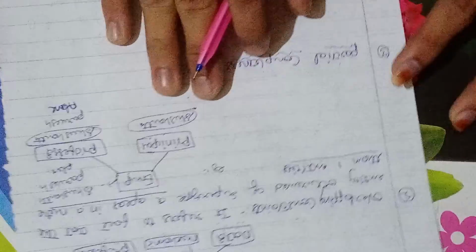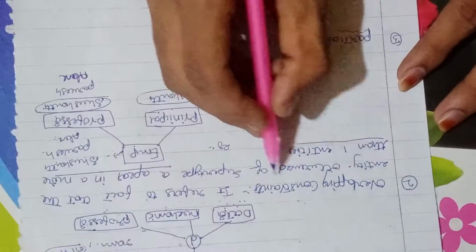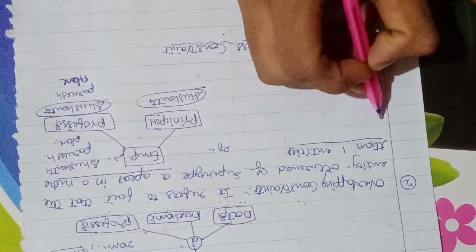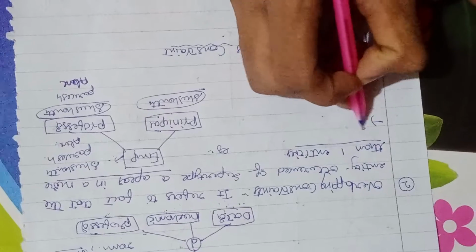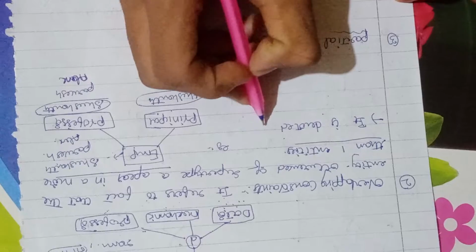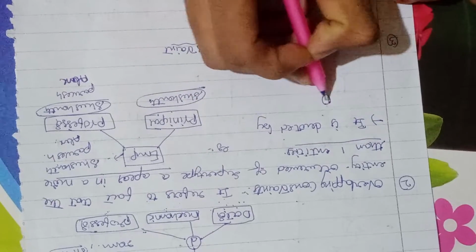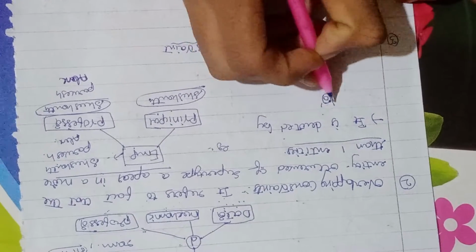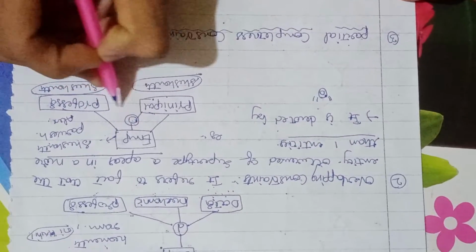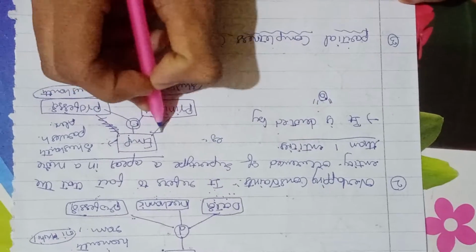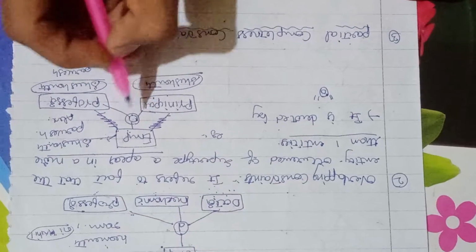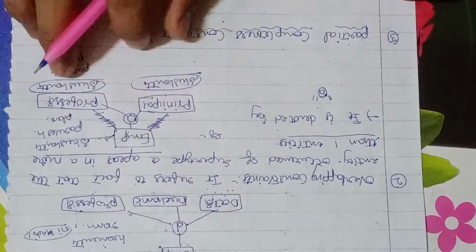Here one point I have not told: the overlapping constraint is denoted by circle O. This is the structure: employee is the supertype, and down we can see the subtypes.